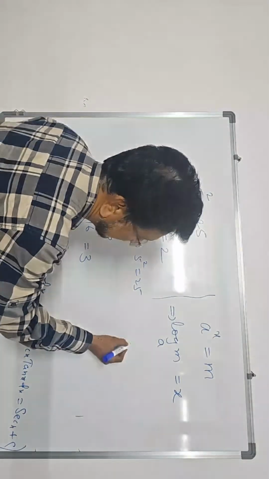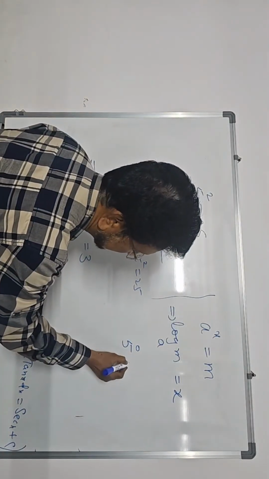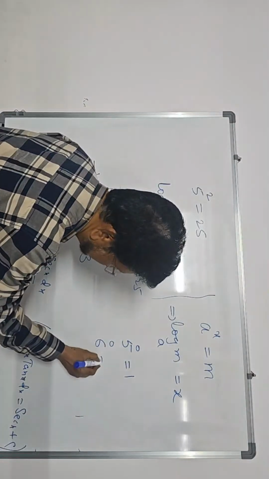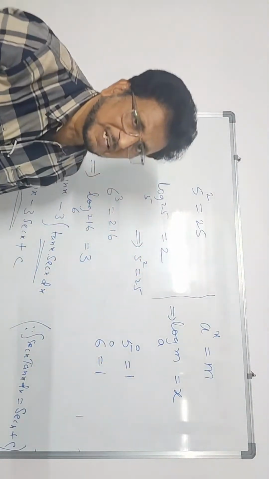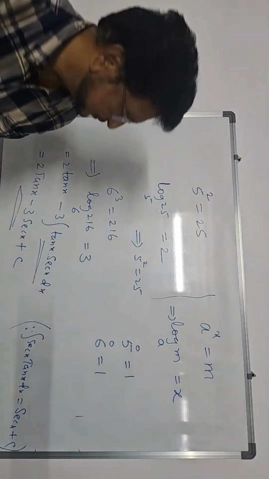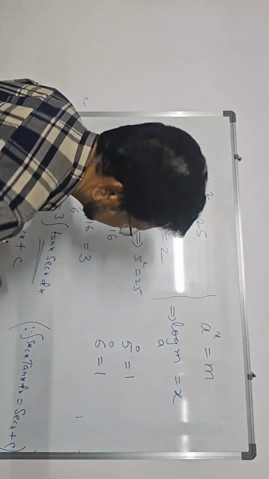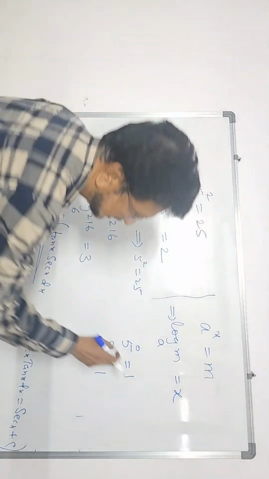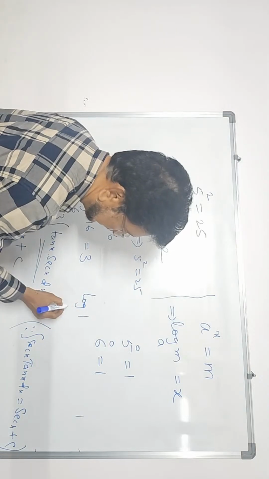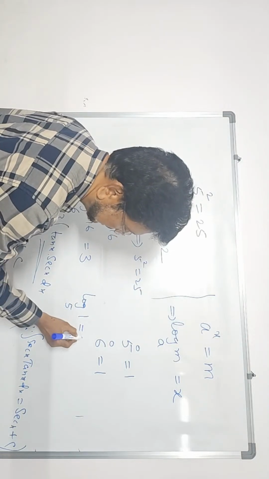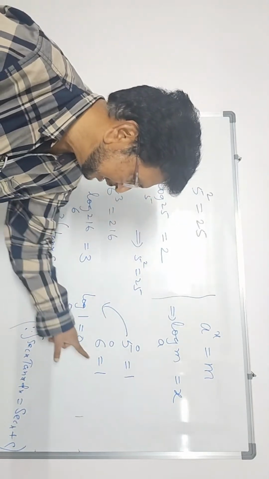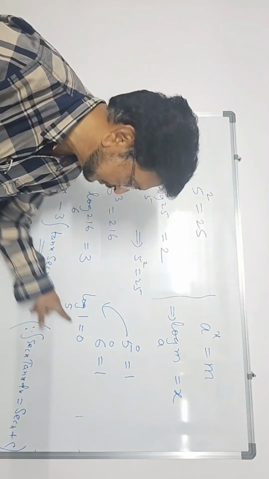See, 5 power 0 is always 1. Any number power 0 means always 1. How can you write it using logarithm? Logarithm of number 1 base 5 is equal to 0. Same way, logarithm 1 base 6 is equal to 0.